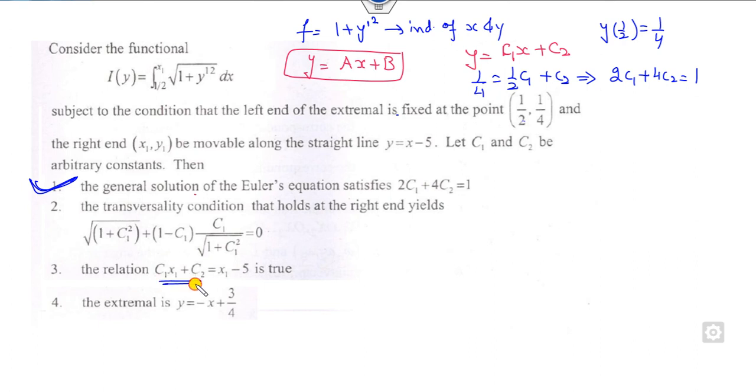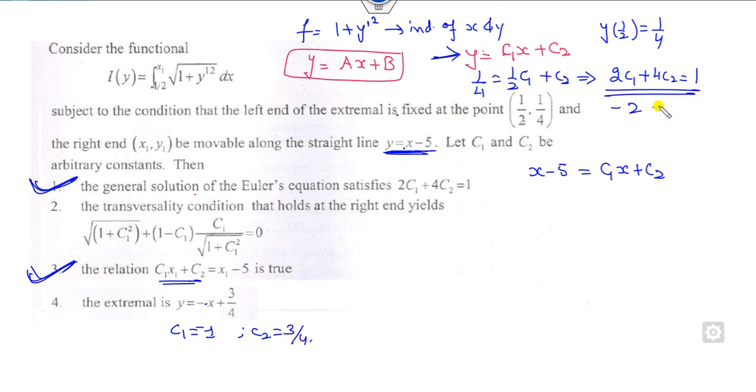Again, the second condition is also satisfied, because if I substitute this value, y is equal to x minus 5, and this is c1 x plus c2, comparing, c1 is minus 1, c2 is 3 by 4, and minus 2 plus 3 is 1, which is satisfied. So the right answer is also here.